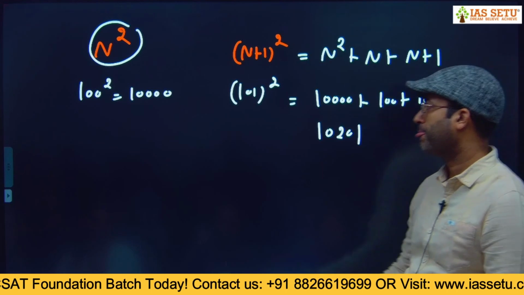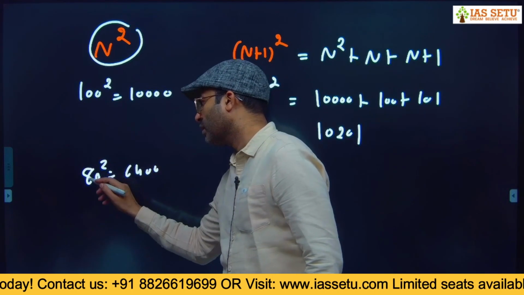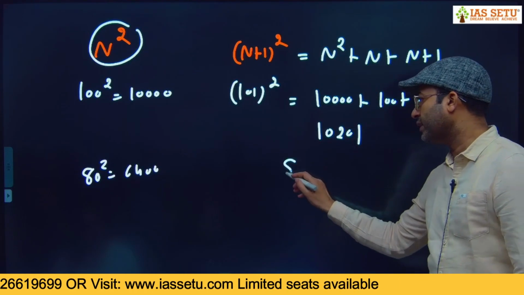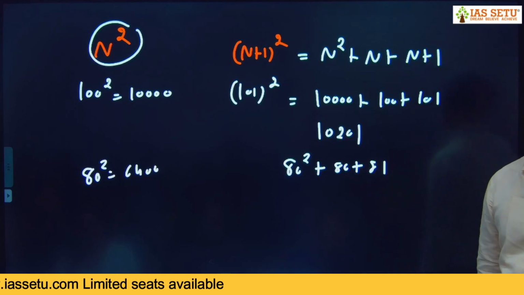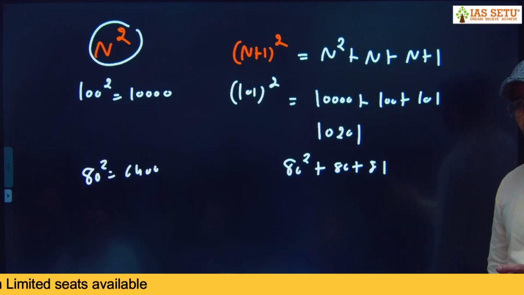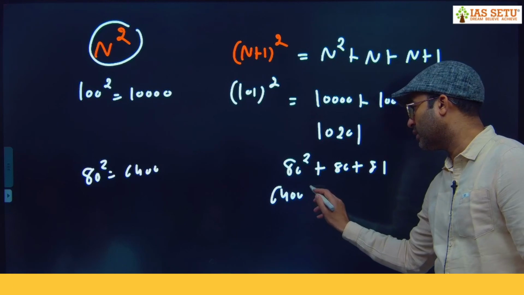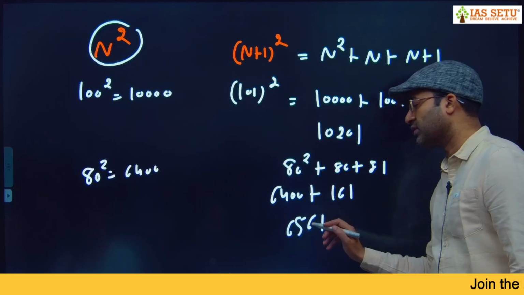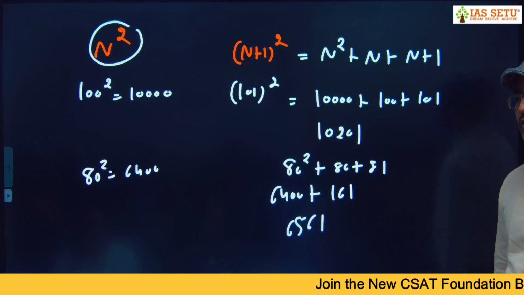Like I know 80 square, which is 6,400, and if I have to find 81 square, it is simply 80 square plus 80 plus 81. That is n square plus n plus (n plus 1). Here it is 6,400 plus 161. Your answer is 6,561.